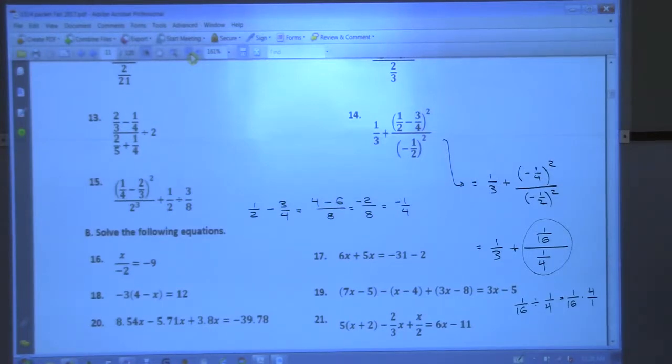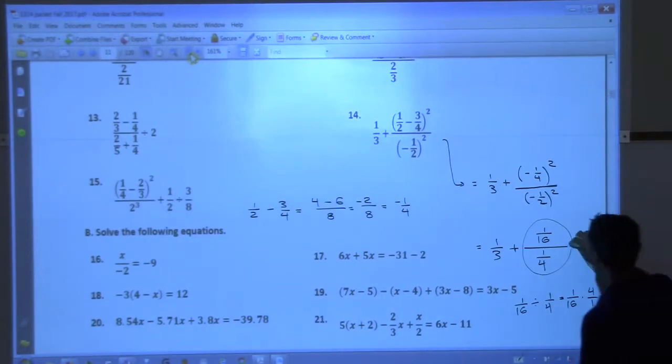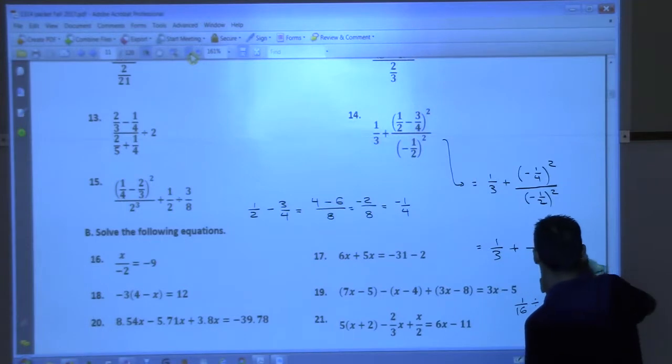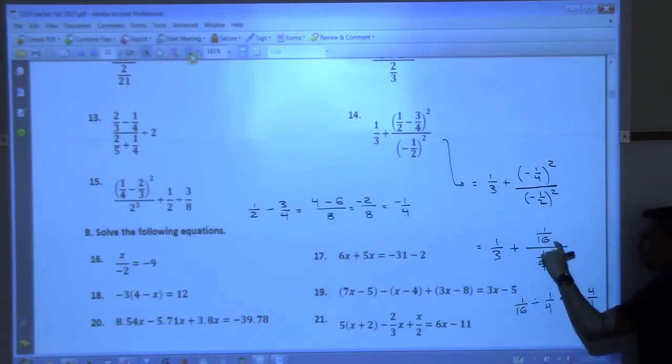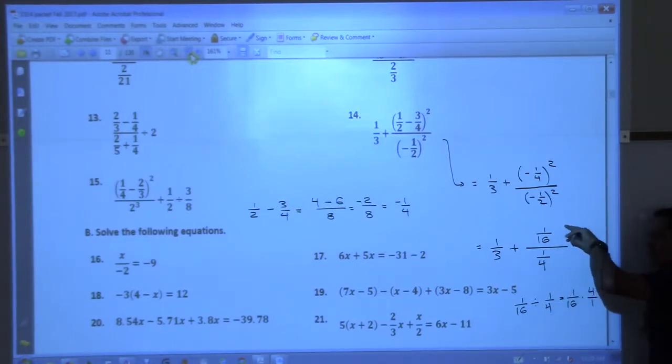Right? So what I like to do is I don't like to write all this down. What I like to tell my students to do in this case is that if you have a fraction divided by a fraction, what's going to happen is this fraction down here is going to flip and come up like, the 4 is going to come on top and the 1's going to stay on the bottom.